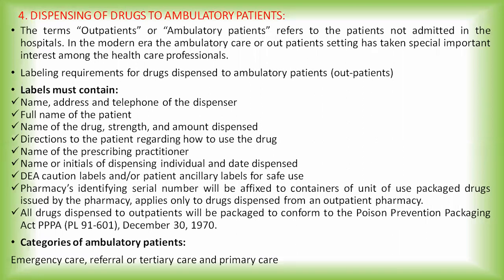So this is the act. According to that, the drugs which are dispensed to the outpatient, it has to conform according to that particular act. So what are the categories of ambulatory patient? So ambulatory patient may require some emergency care, or he may be referred, or he may go through tertiary care or through the primary care.